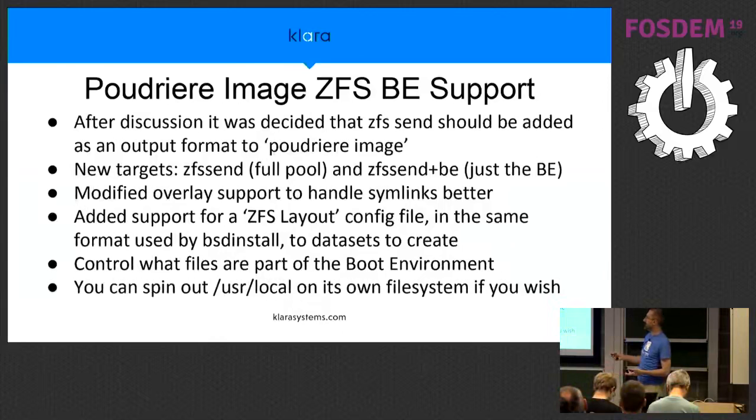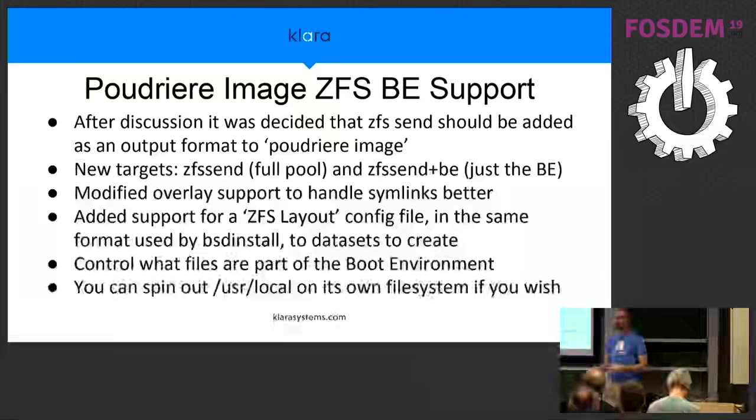I modified the overlay handling. So Poudriere Image has the ability to say, here's a directory full of files I want you to put over the top of the image before you package it up. But it followed symlinks instead of copying symlinks. So I made the option to do it this way so that it would install all my symlinks in /etc pointing to /cfg. And I added support for defining the ZFS layout.